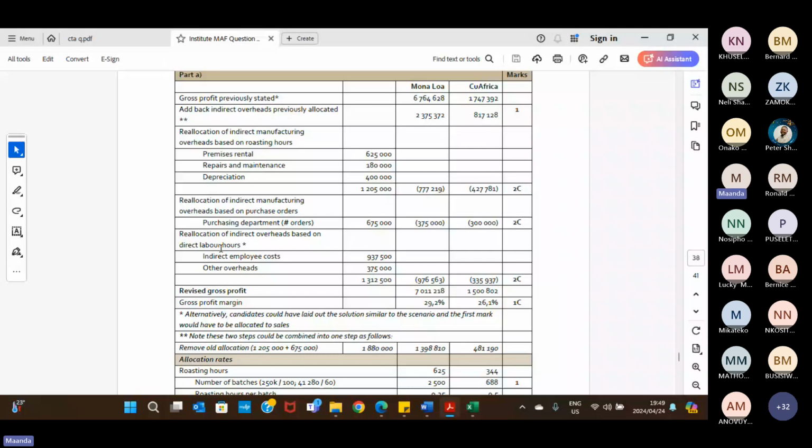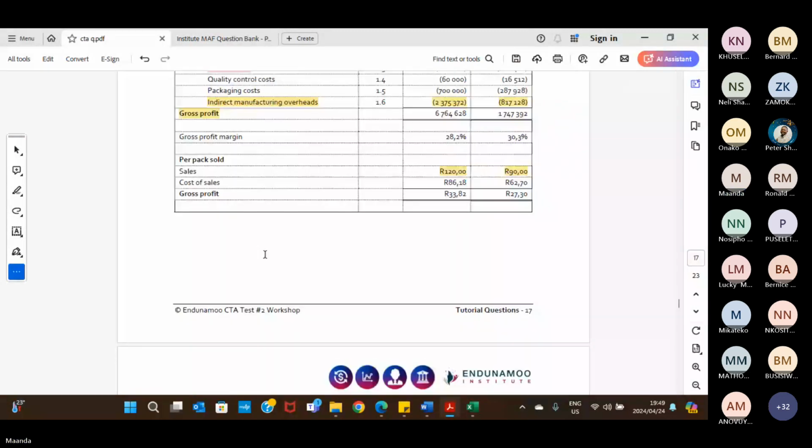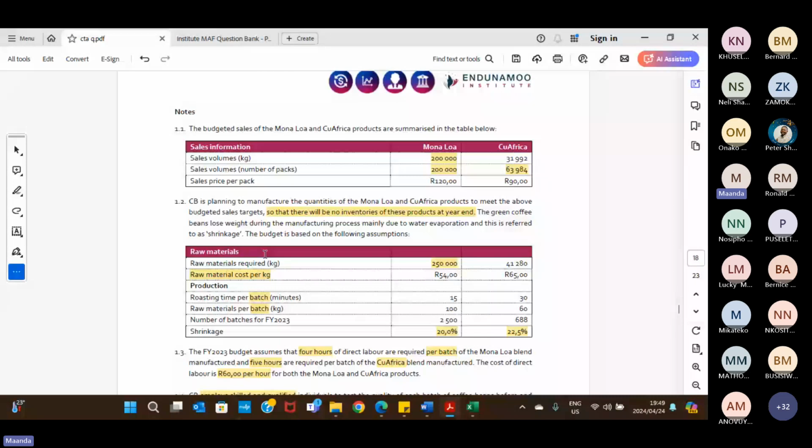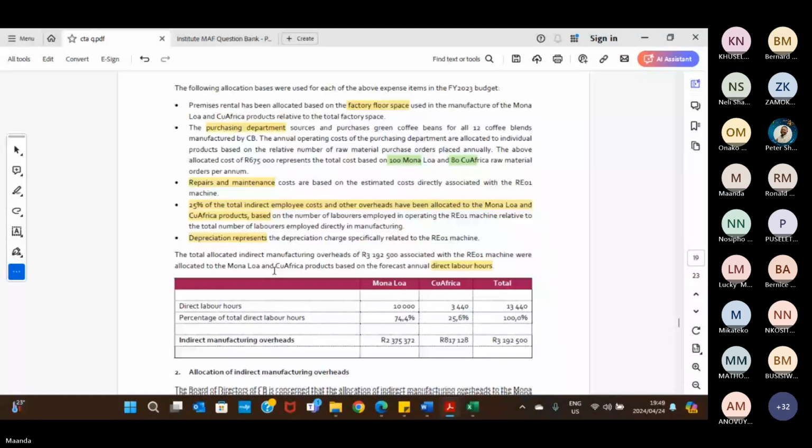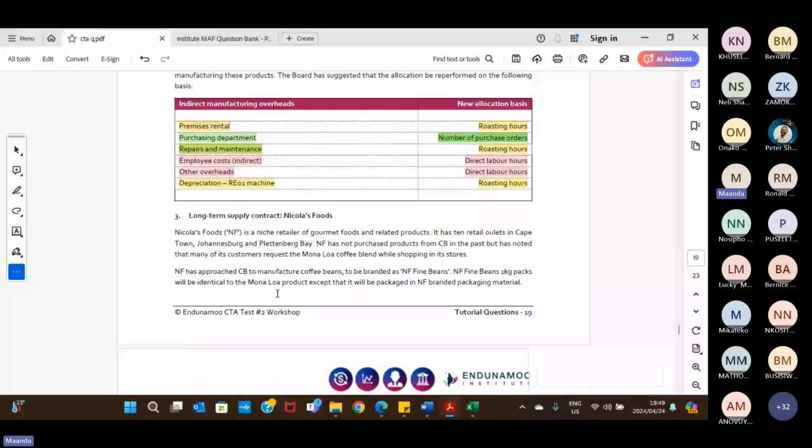If I have 3 things that I need you to allocate using labor hours, and you just add the cost, add the cost, add the cost, and use those labor hours, you're going to get to the same final place. Your destiny is going to be the same, and if you go and do it each line, I'm going to give you 1 mark because you're demonstrating the same principle.